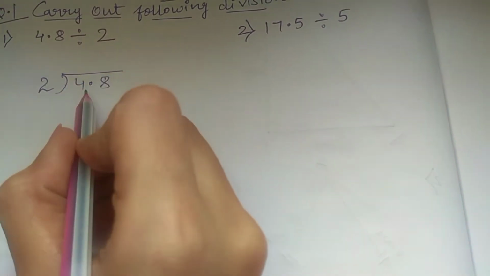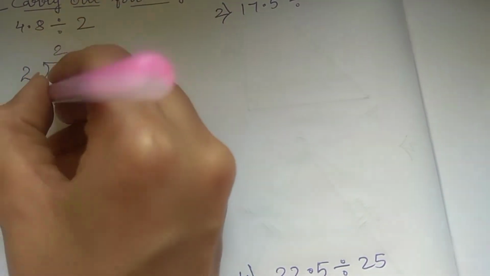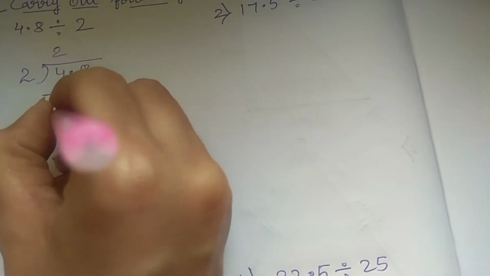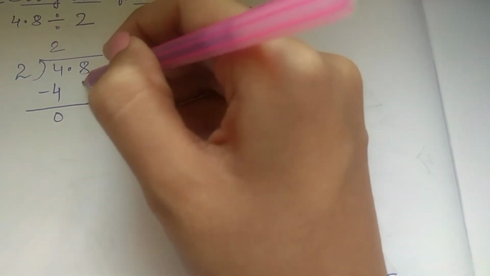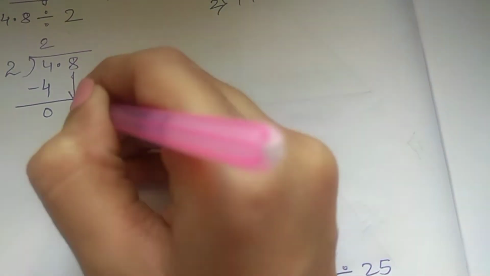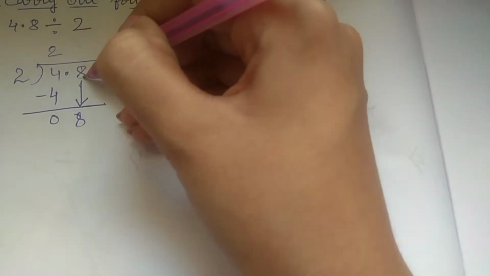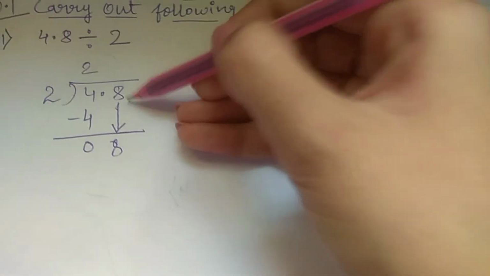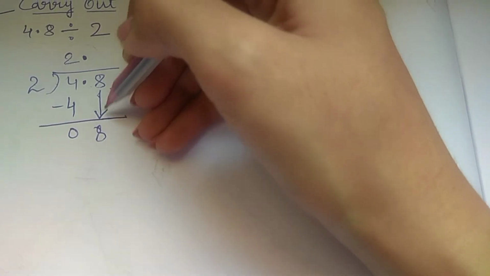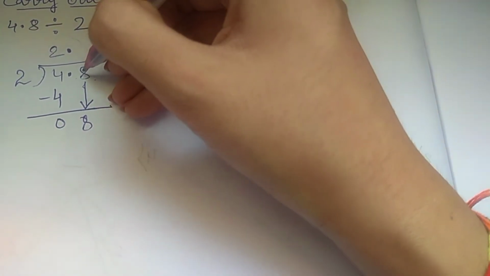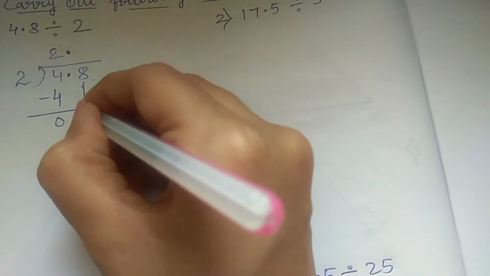So first number is 4, 2 2s are 4. Now the moment we bring down 8, since 8 is after the decimal, we have to put a decimal in the quotient. Whenever we are bringing down the first number after the decimal, we have to put a decimal in the quotient as well.